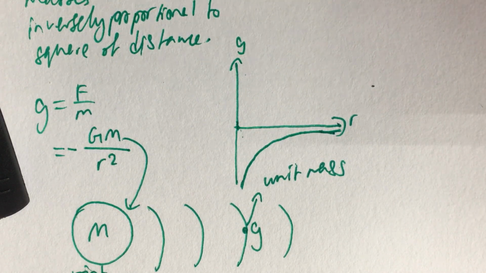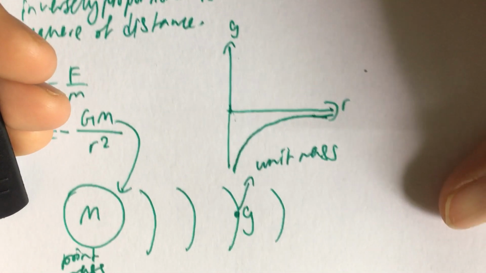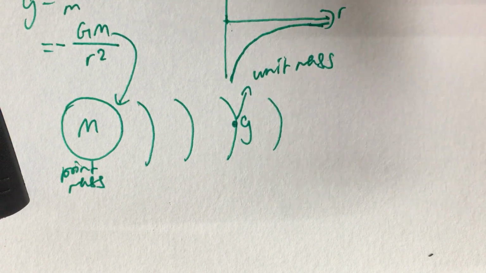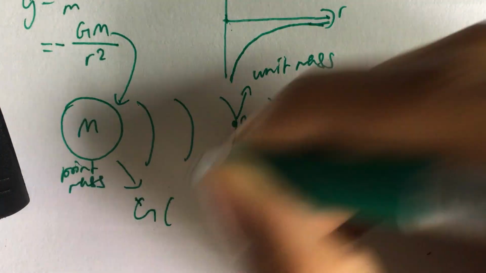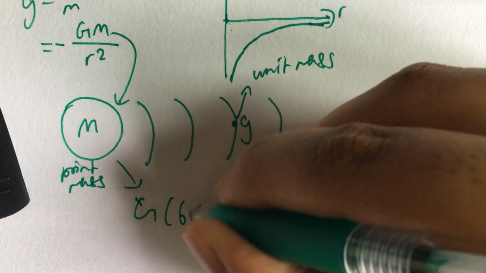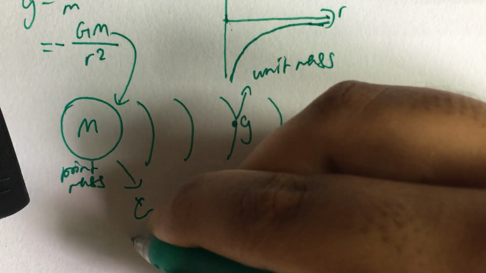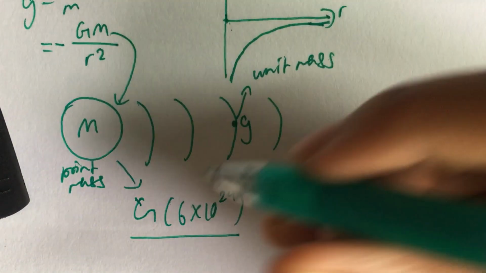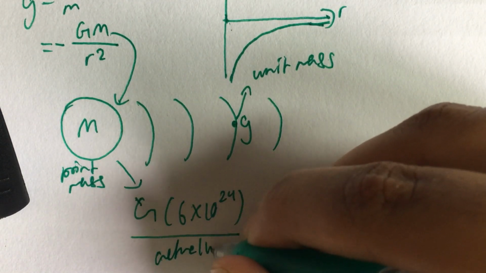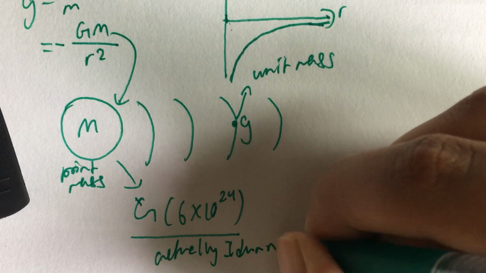So your big M, for example, if you're looking at Earth, this is how you get your 9.81. You put G times the mass of Earth over the radius of the Earth, because you imagine it as someone standing on the surface. And that's how you calculate your gravitational field strength, aka your small g. Right.